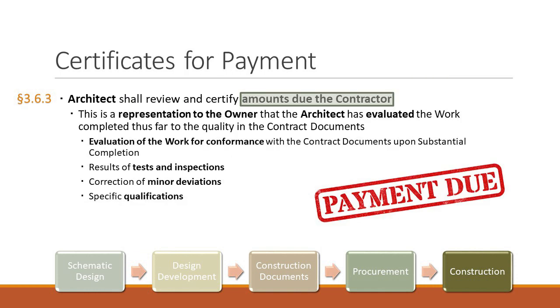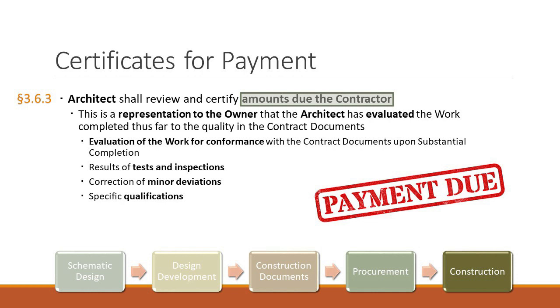During the construction phase, the contractor will submit for payment, and the architect will submit certificates for payment to the owner. The architect shall review and certify amounts due the contractor and shall issue certificates in such amounts.